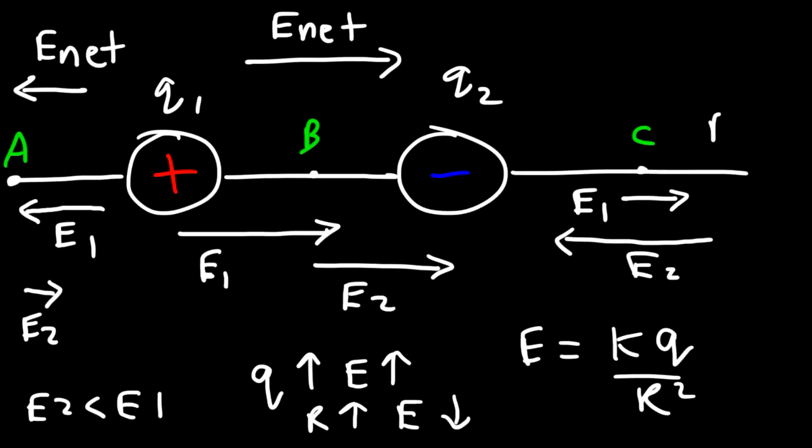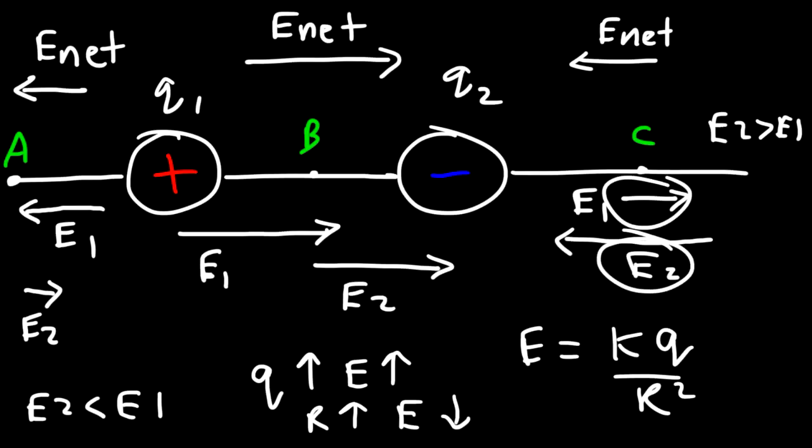So this time, E2 is greater than E1. And so the net electric field will be directed west again because this vector is bigger than this one. And so that's how you could determine the net electric field at a certain point if you have multiple charges.